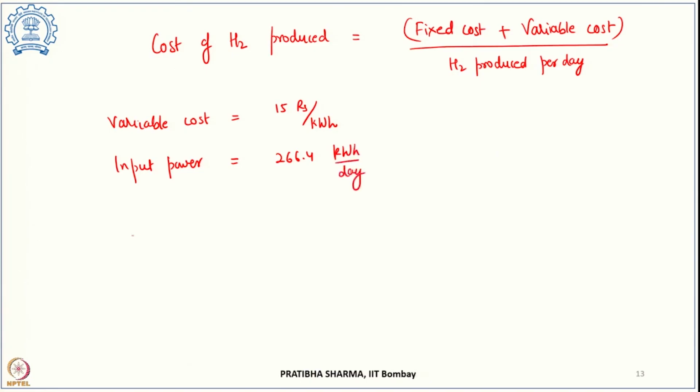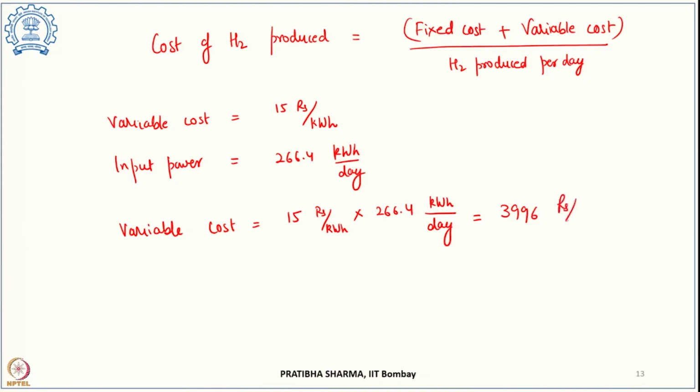So, the variable cost in rupees per day is given by 15 rupees per kilowatt hour times the input power, and that gives us 3996 rupees per day.